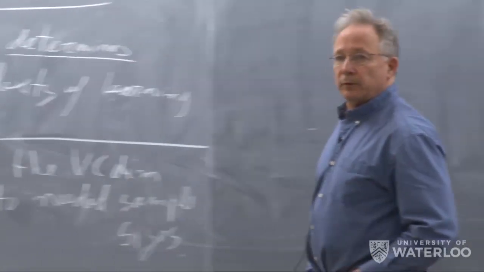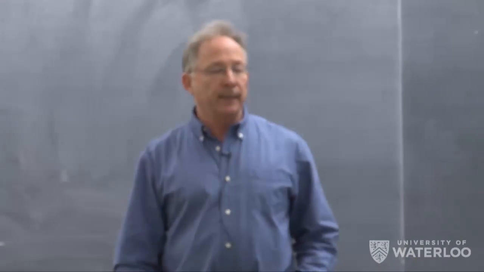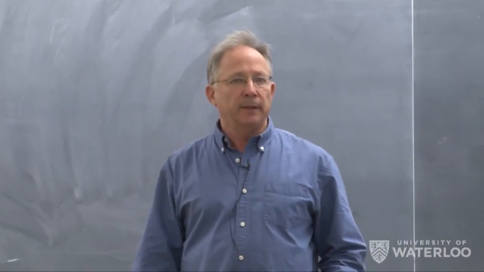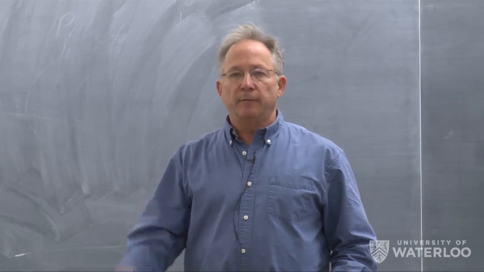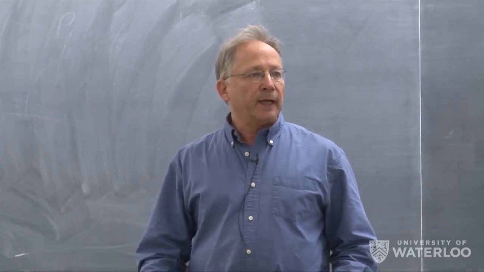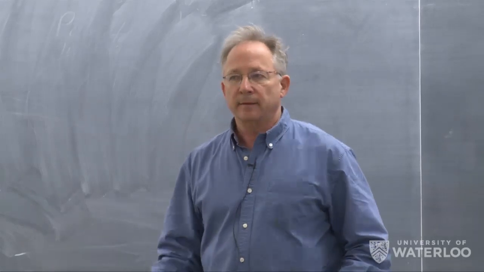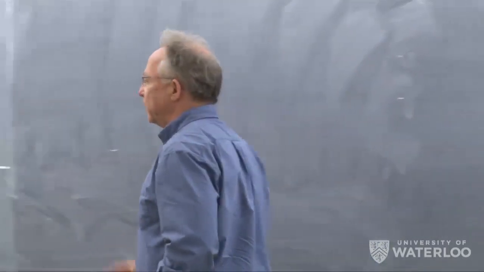And this time we want to show how the VC dimension provides an upper bound. So we want to show that if a class has a small VC dimension, we can learn it with few samples regardless of how big the class is. Just its VC dimension is all that matters.